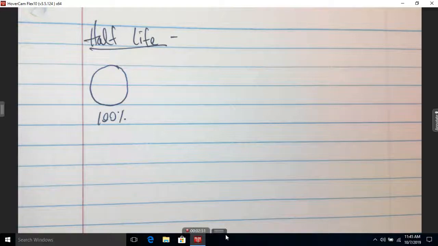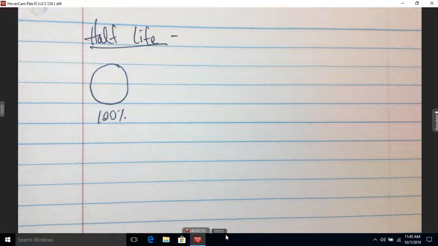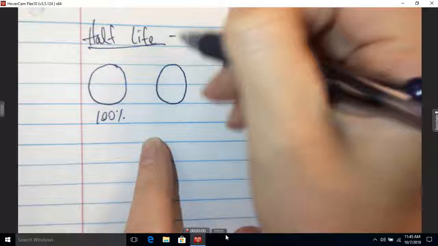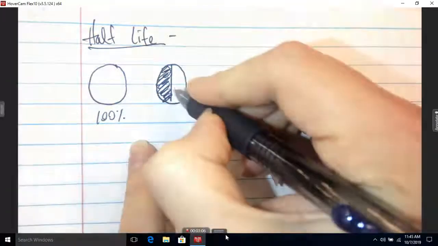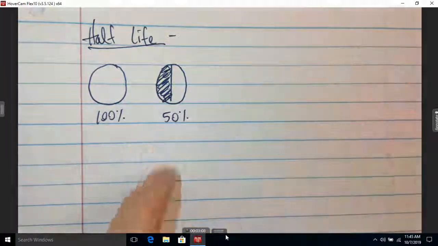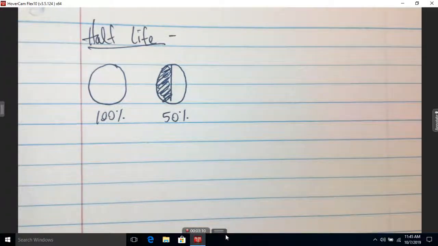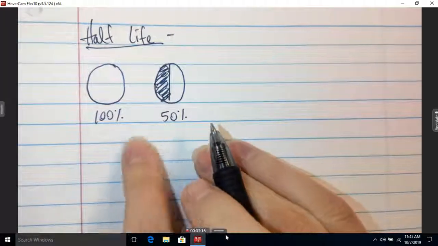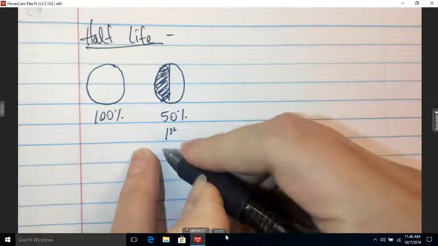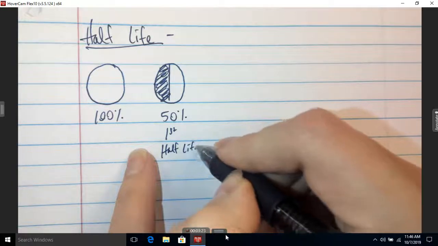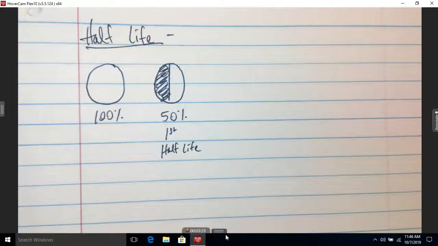So what would be half of the original? What's half of this? 50. Yeah. Okay. So our next part would be, all of this is decayed and I'm left with 50%. This is half of my original sample, so right here, this is the first half-life. Or one half-life has passed.